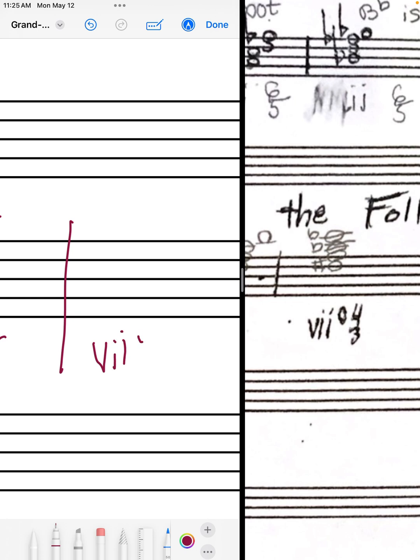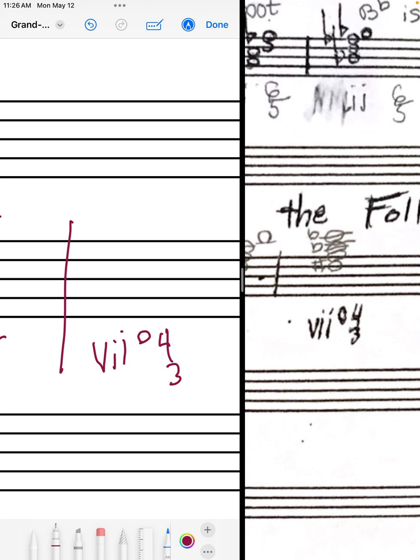7, diminished, 4, 3. First and foremost, you are to find what the 7th is, which is your leading tone. So, if you can't figure it out, count it. E, F sharp, G, A, B, C, D. Alright, because we have to raise her up.